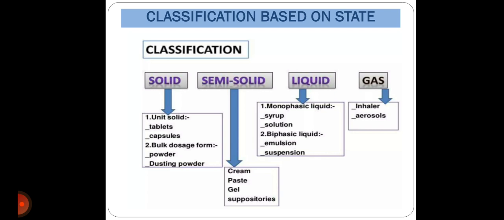So we are mainly concentrating on the liquid dosage form, which is of two types, monophasic and biphasic. Emulsion is a type of biphasic liquid dosage form in which one liquid is finely dispersed in the form of globules in the other.